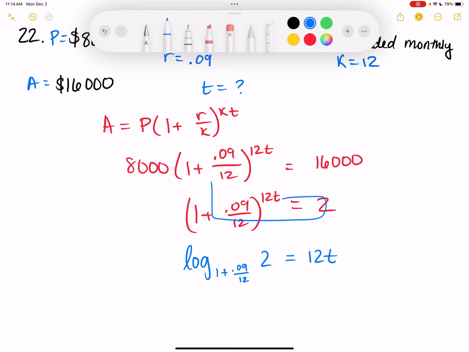How many are we rounding to? You can do like 3 decimal places, but when you get that answer, we're going to divide it by 12. I don't want to use a rounded number.